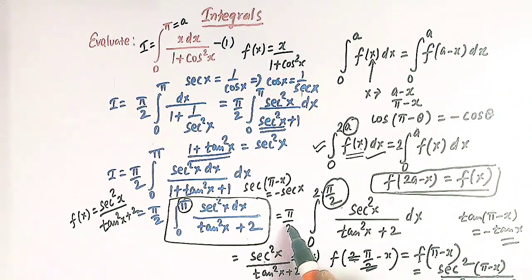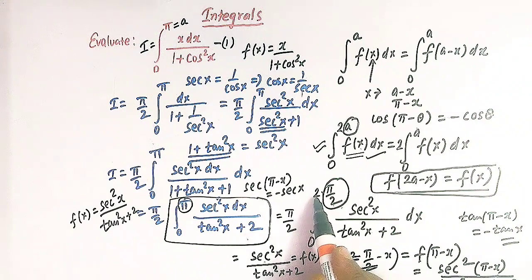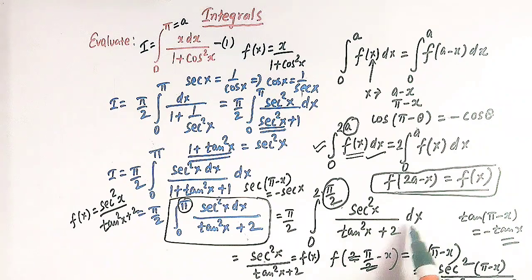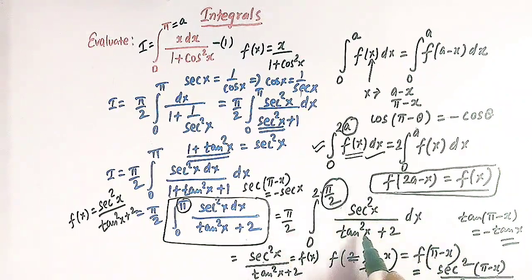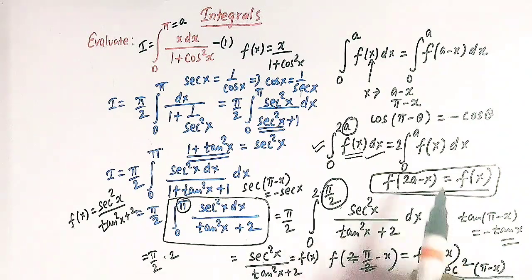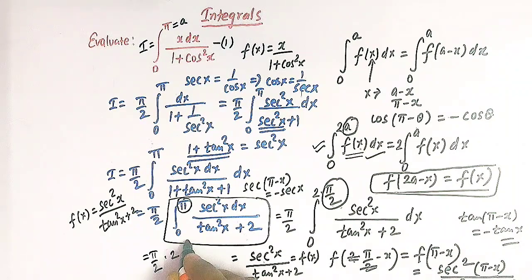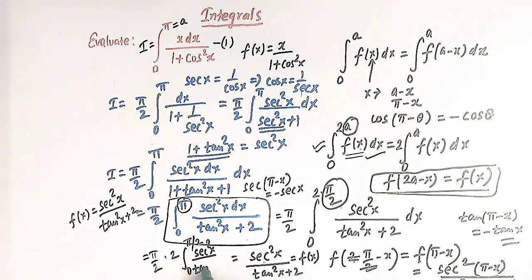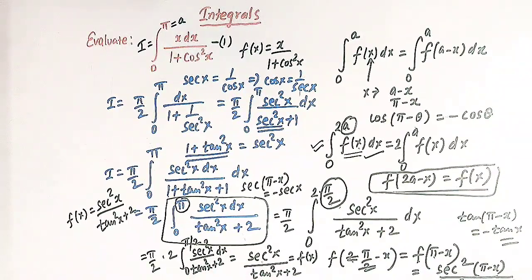So now we have pi by 2, 0 to 2 times pi by 2 of secant square x over tan square x plus 2 dx. So now we can write this integral as 2 times, because here we have 2 times the integral from 0 to a, so 0 to a, which is pi by 2, of secant square x over tan square x plus 2 dx.